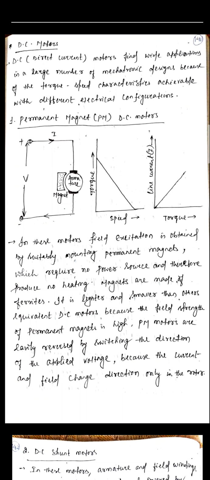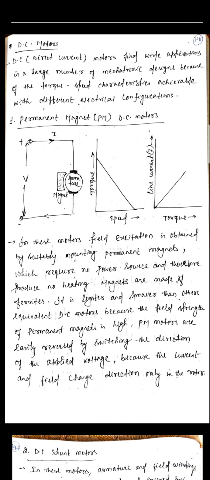Okay, so let's discuss the PM DC motor. In these motors, the field excitation is obtained by suitably mounting permanent magnets, which require no power source and therefore produce no heating. This is the most important point. The magnets are made of ferrites.